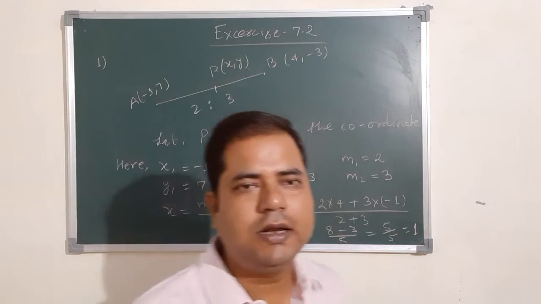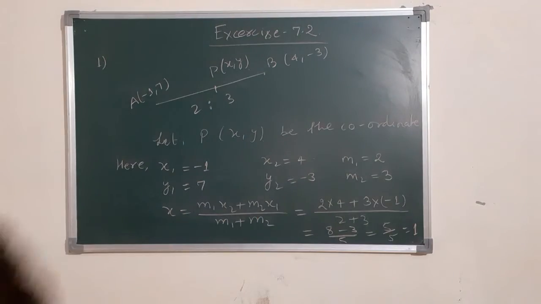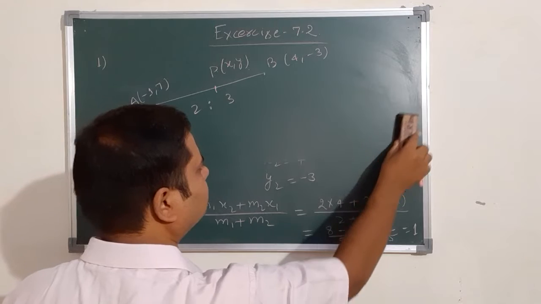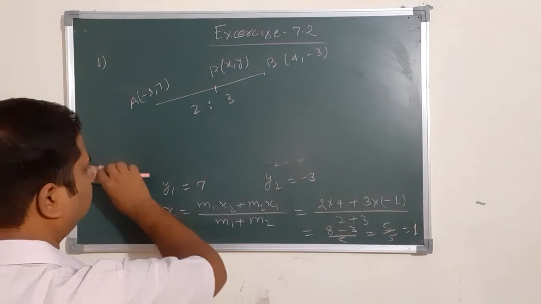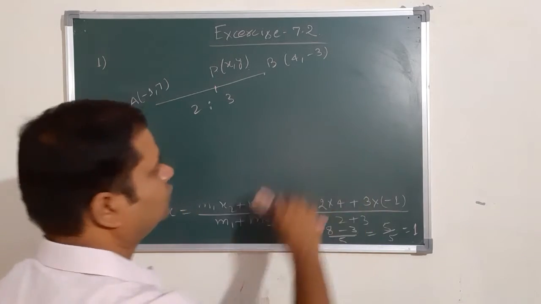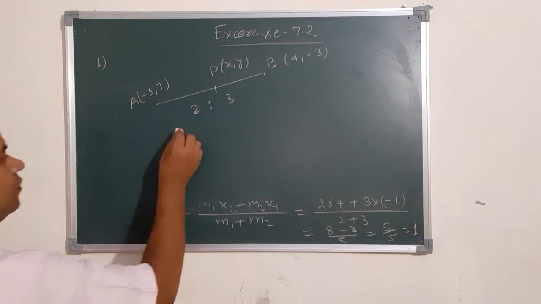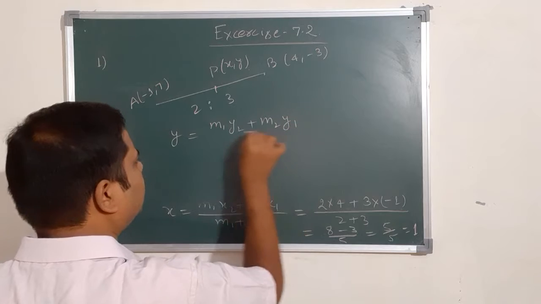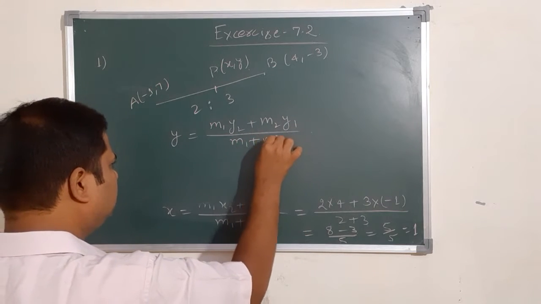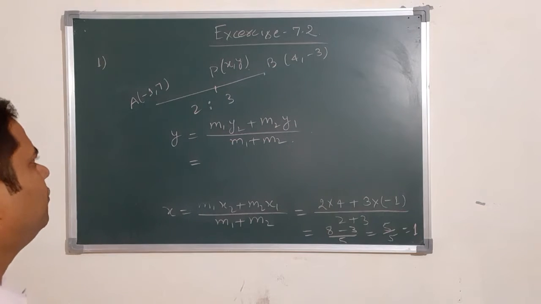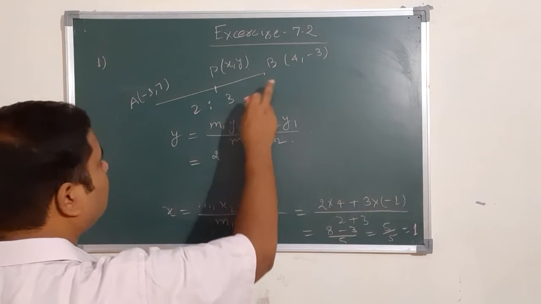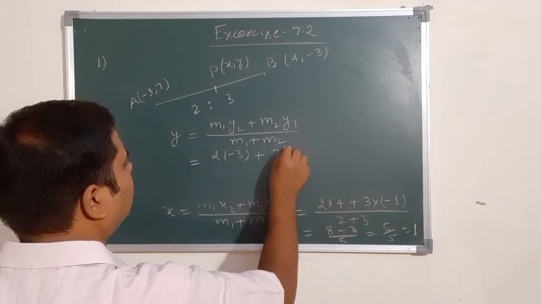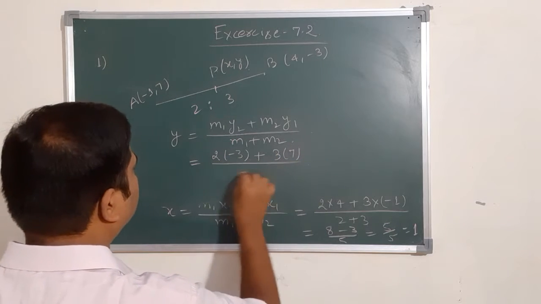So y is equal to (m1 y2 plus m2 y1) divided by (m1 plus m2), and this is nothing but m1 is 2, y2 is -3 plus m2 is 3, y1 is 7, divided by 2 plus 3.